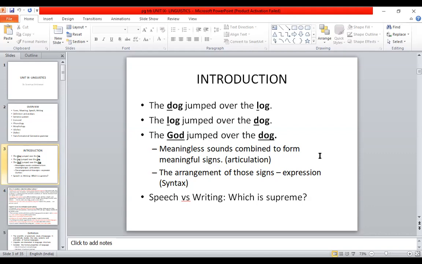The languages that have written scripts, I'm very specific, all of them have the same concept: the letters as such do not have any special significance unless they are put together to form words.